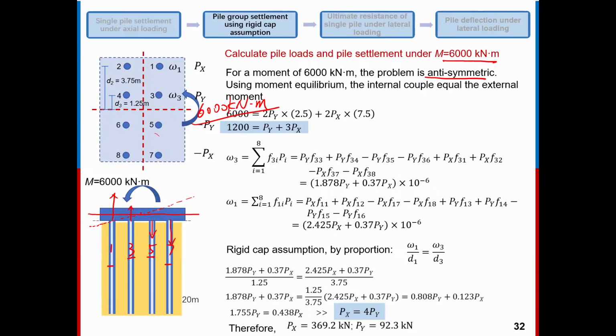If we look at this figure, you can see the direction is opposite, and the value, for example, this force is equal to this force. The absolute value of P1 will be equal to the absolute value of P7. We talk about the absolute value, but the sign is actually reversed.